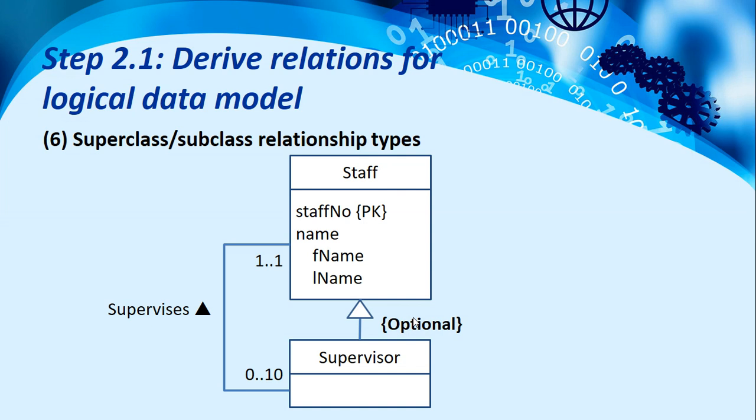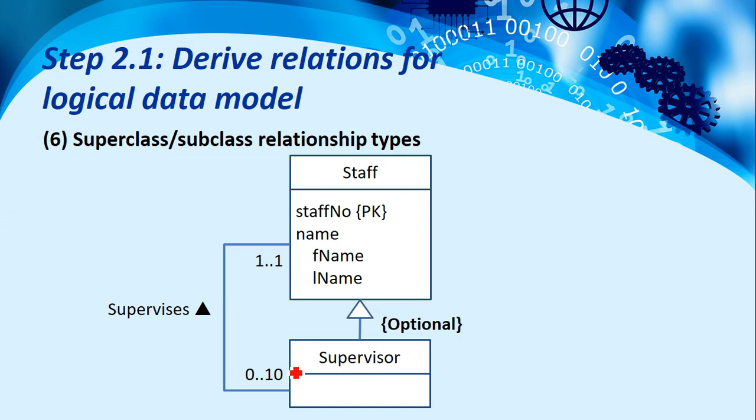Okay, so we have a different scenario na naman. Let's say, what if yung superclass mo, isa lang yung subclass niya? So in this case, for example, ito, staff, sorry, ano pala to? I think, tama, sorry. Staff, this is the superclass, and the supervisor is just a subclass.